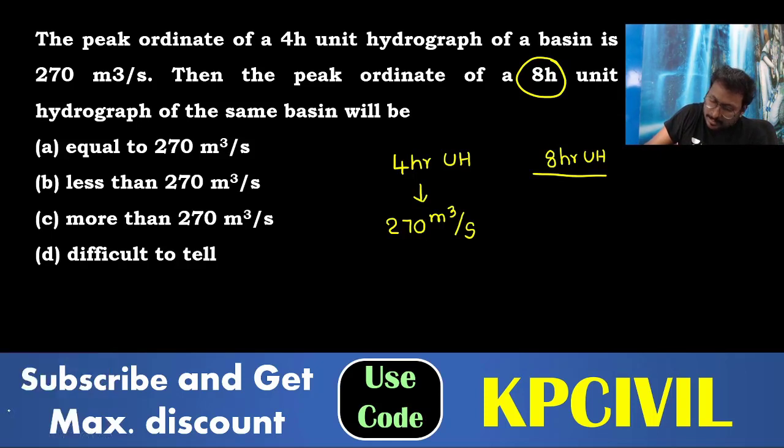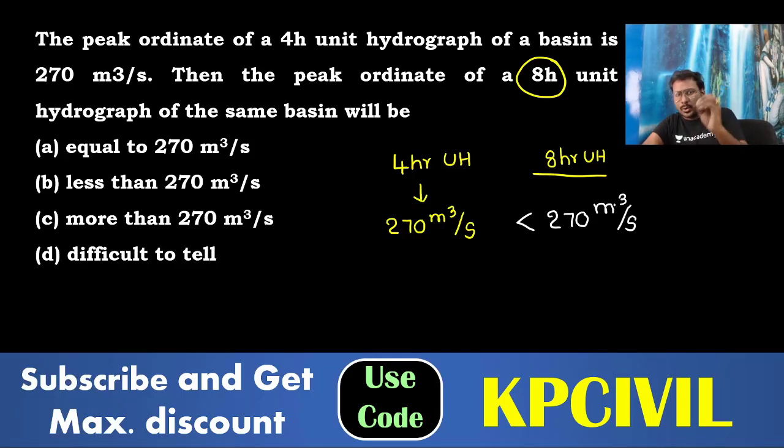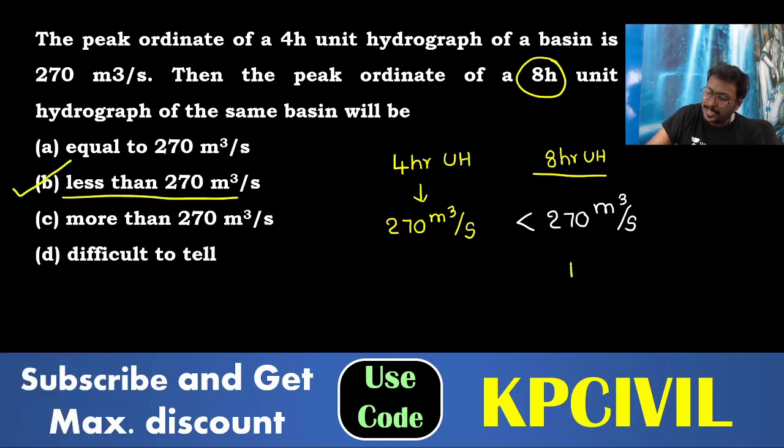Whatever it may be, increase in time decreases discharge. Less than 270. The question is given just to know whether equal to, less than, or more than. They won't ask for a value because individual data is not given. So we consider less than 270. Option B.